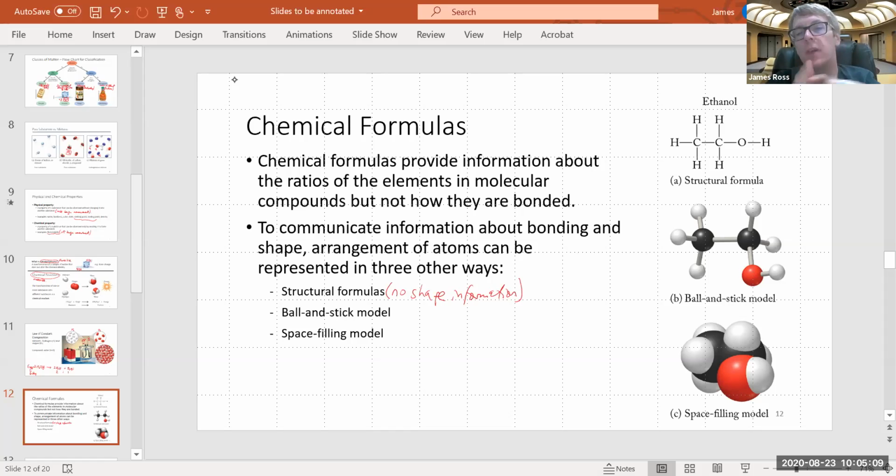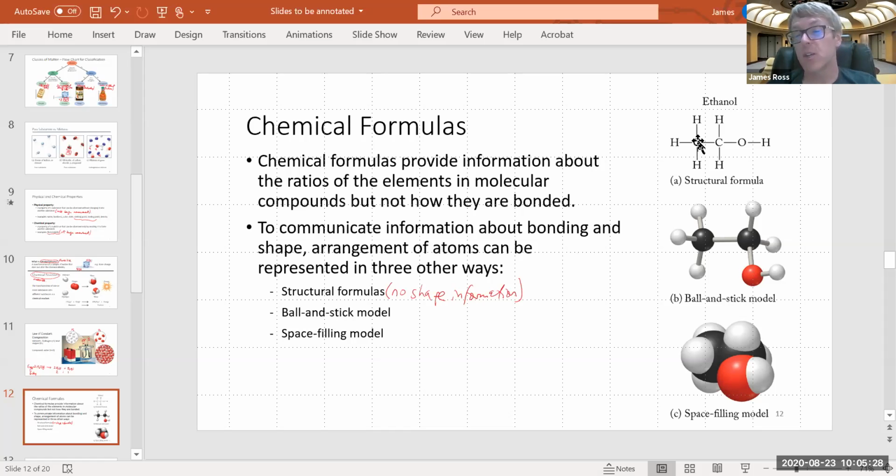So it's important that you don't look at this and think, ooh, that's a 90-degree bond angle between the hydrogen, carbon and that hydrogen and carbon. No, it's not. It's just a quick way to put it on a piece of paper so that people can read it. There's no shape information.